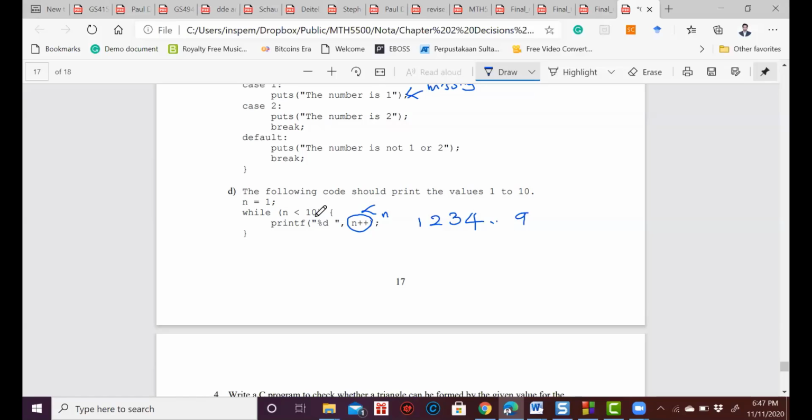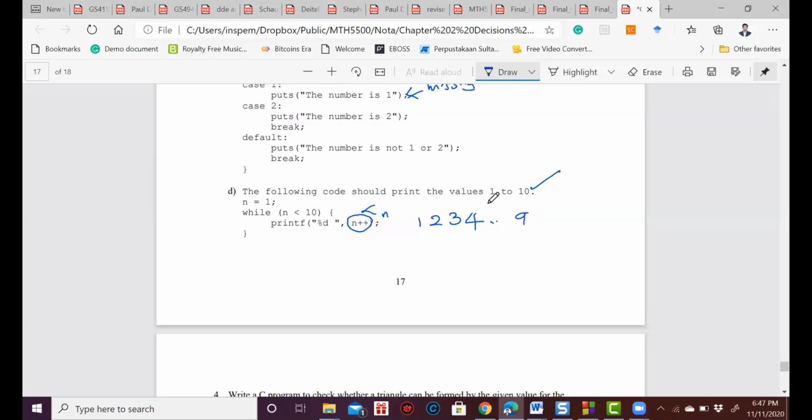No. So go out from this while, then 10 is not printed. So the result will be 1, 2, 3, 4, 5, 6, 7, 8, 9. But the question is, we want to print the value of 1 to 10. What is the mistake here? 1 to 9.